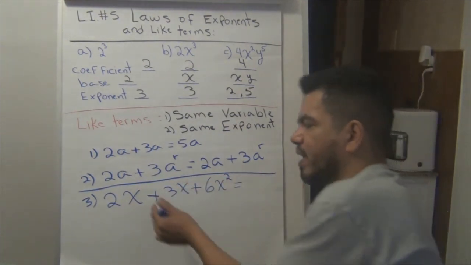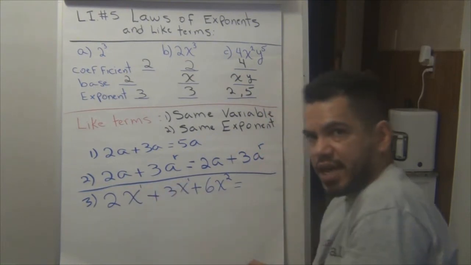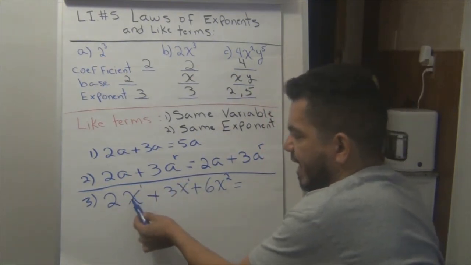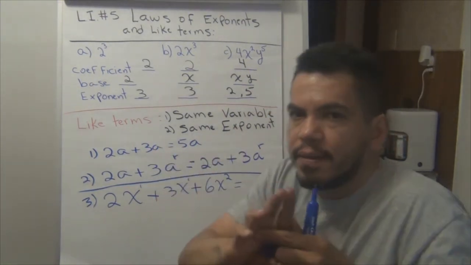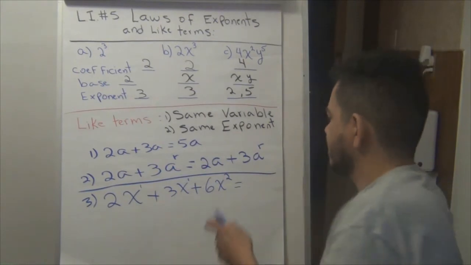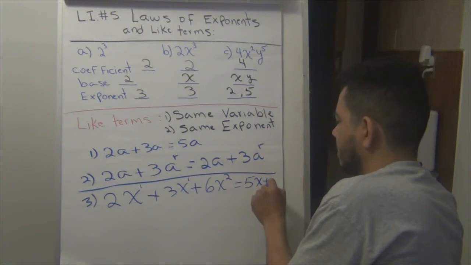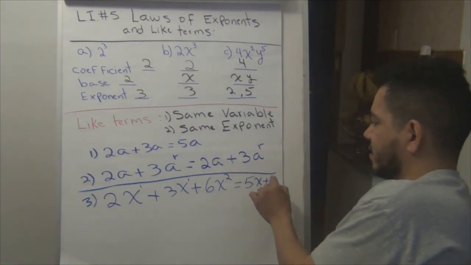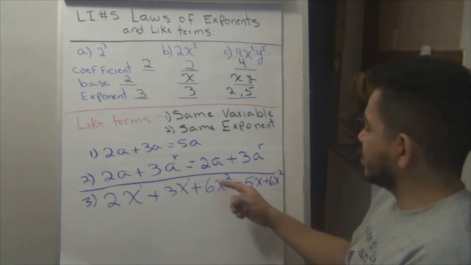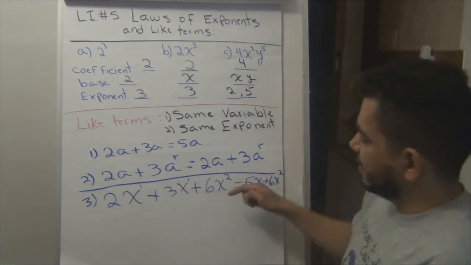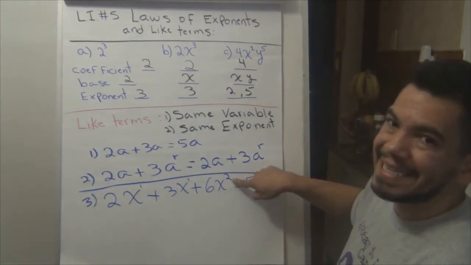By the way, whenever you don't see a number, an exponent is always a 1, just in case. So 2x to the first plus 3x to the first. 2x's plus 3x's, 5x's. So you have 5x plus 6x squared. I was not able to combine this with them because unfortunately it does have the same variable, but the exponent is not the same.